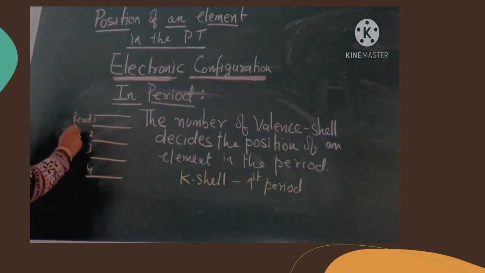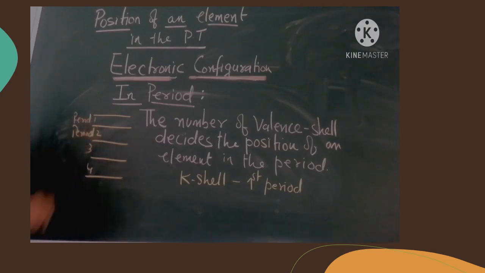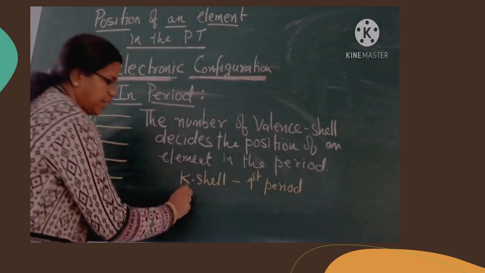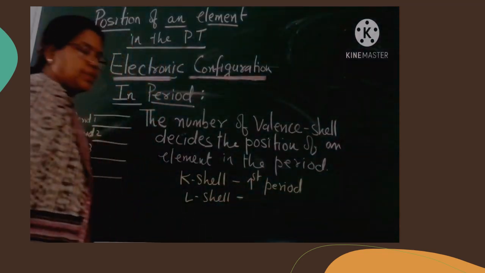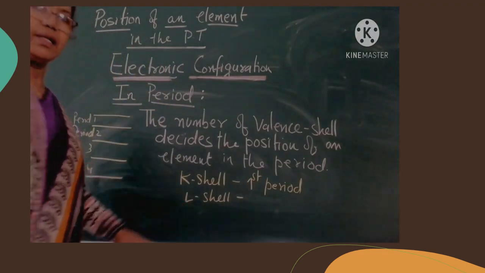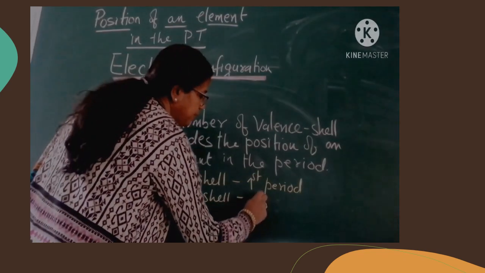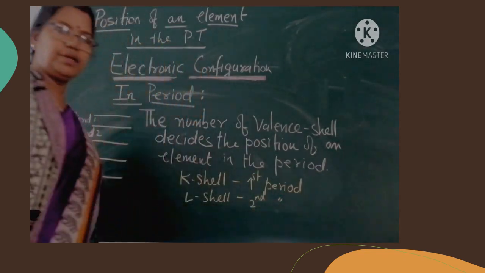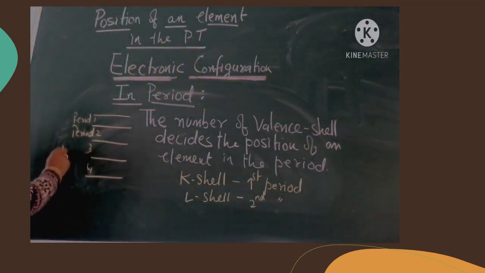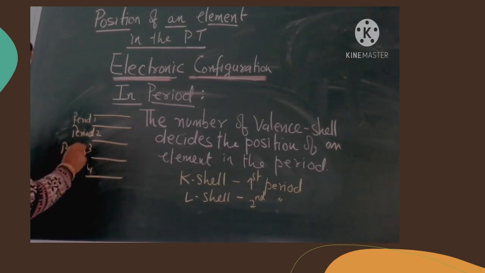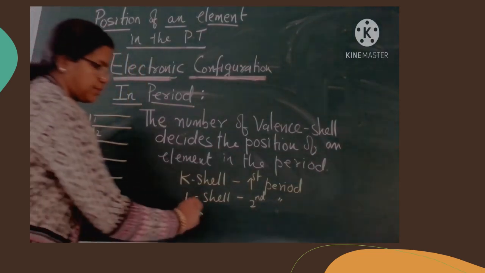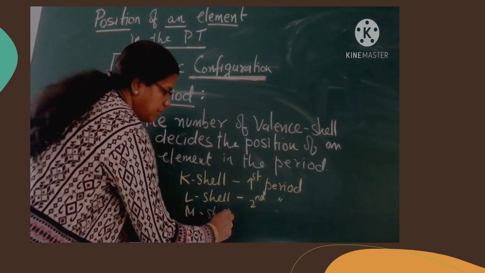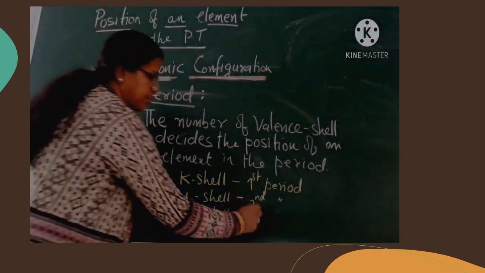Second period, L shell. If the valence electron is present in the L shell, then the period will be the second period. Likewise, third period, if the valence electron is in the M shell, then the period will be third.